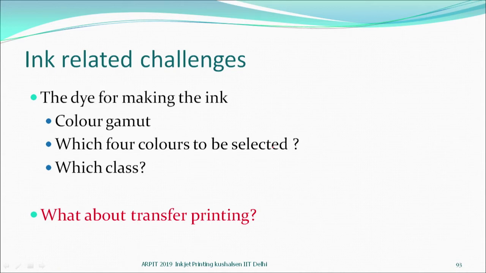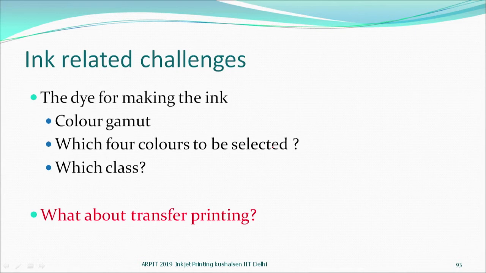What about transfer printing? Well, something like that is done there as well. But the problem obviously is it only has disperse dyes, because they are sublimable and they can be transferred onto polyester. And so, if you want to print silk, cotton, wool, nylon, no. So, it is going to be a little more difficult. So, you may like to print by acids, reactives, and so on and so forth.